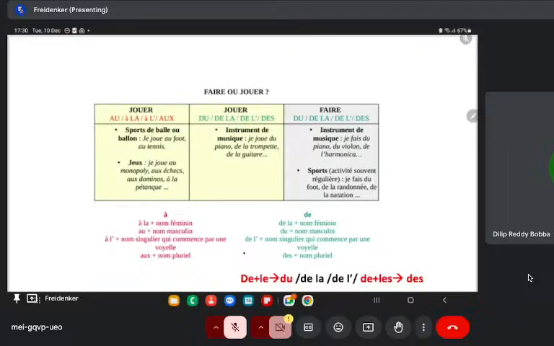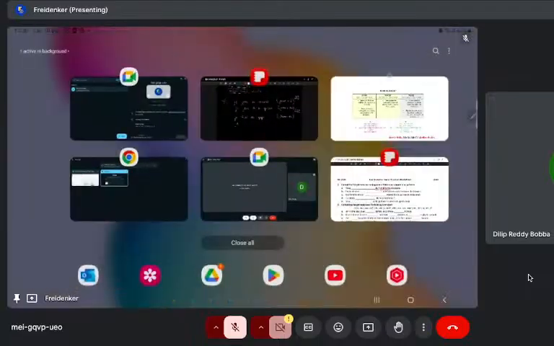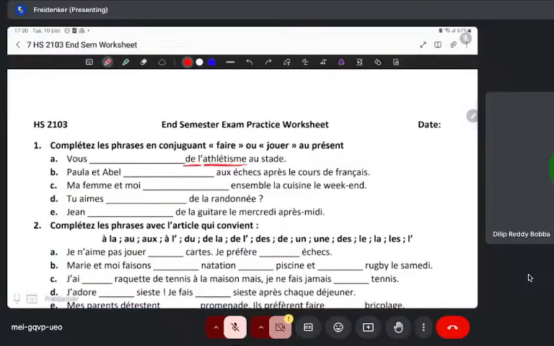You have sports, you don't have musical instruments, so automatically you have to use faire, because there is already de there. Faire, you have to conjugate, you will get vous faites. You have to remember the conjugation. Is it this one? Vous faites.